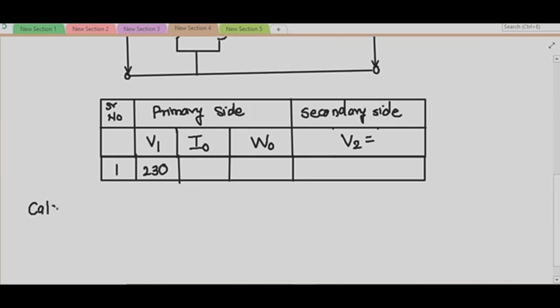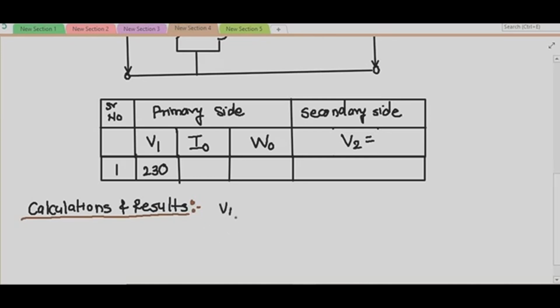Calculations and results. Why have I connected a voltmeter across the secondary? Because I have to calculate the turns ratio.